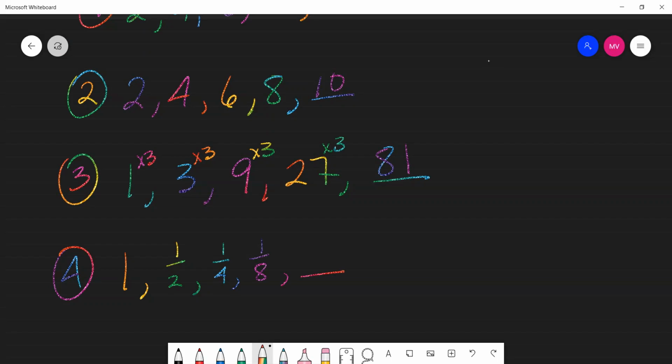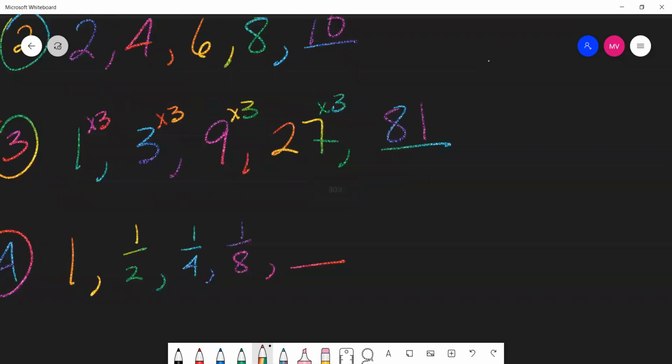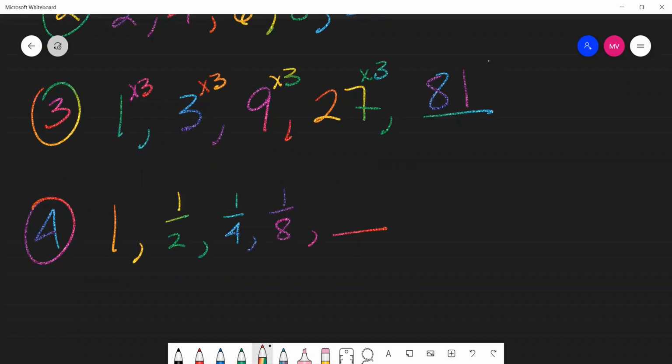What about this sequence? What's the next number in this sequence? Divided by 2. So every one is being multiplied by 1/2. One times a half is a half. 1 is the first term in our sequence.